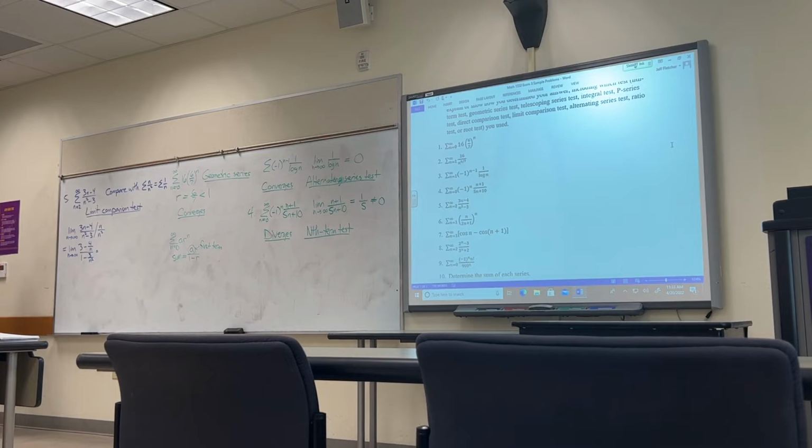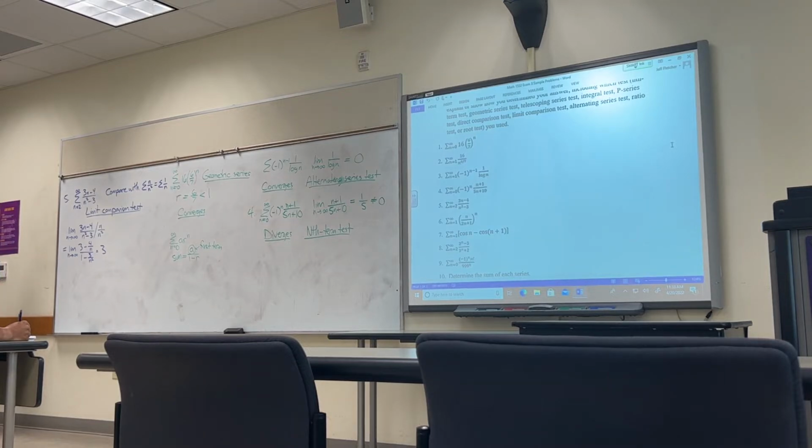So what do we get for the limit as n goes to infinity? It's going to be 3 over 1, so it's 3, because the 4 over n goes to 0 and the 3 over n squared goes to 0.